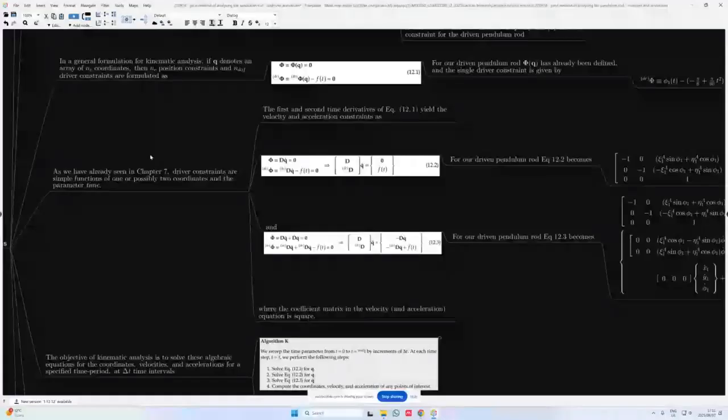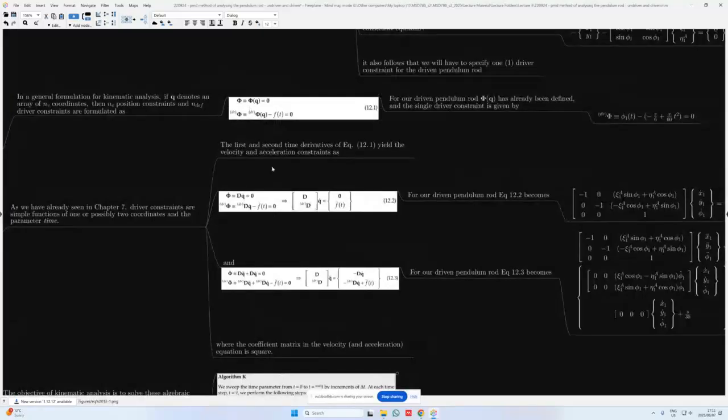Now, as we have already seen in Chapter 7, driver constraints are simple functions of one or possibly two coordinates and the parameter time. The first and second time derivatives of equation 12.1 yield the velocity and the acceleration constraints. The first equation should look familiar from the previous section.